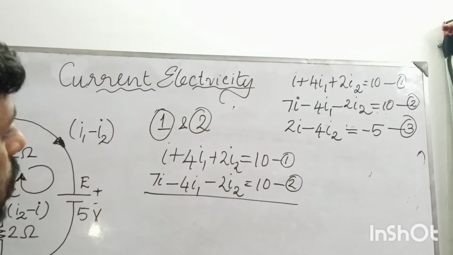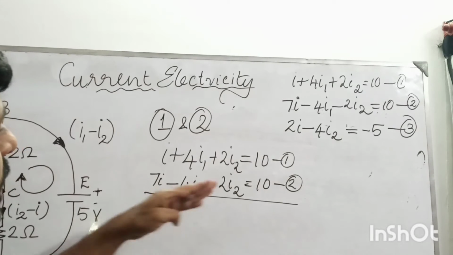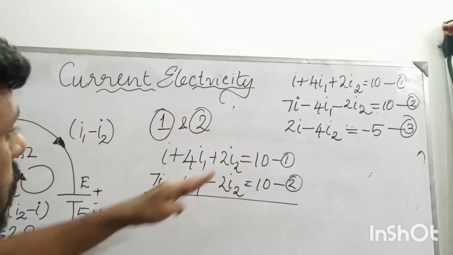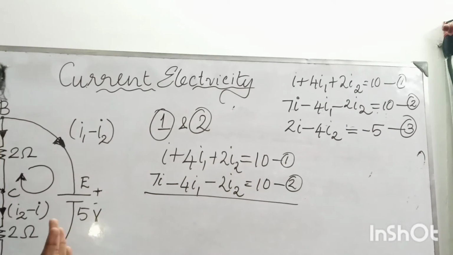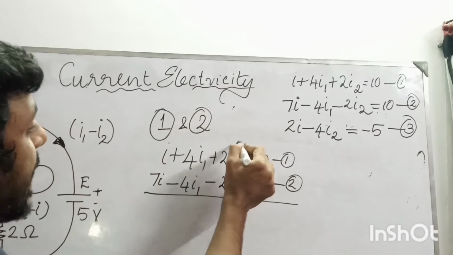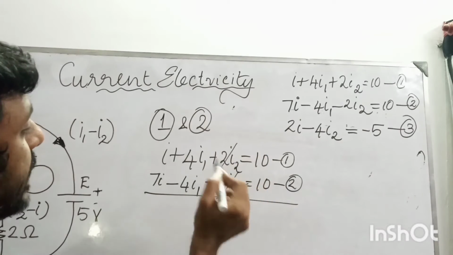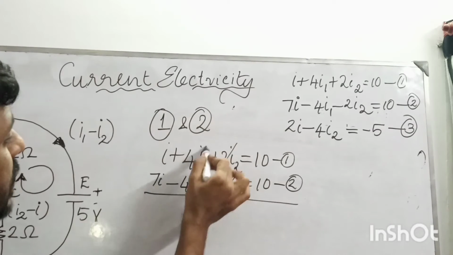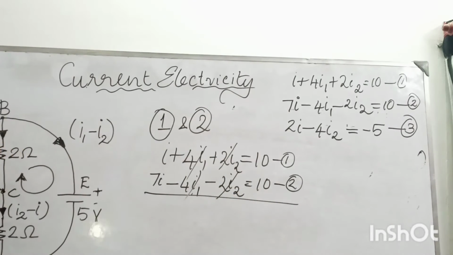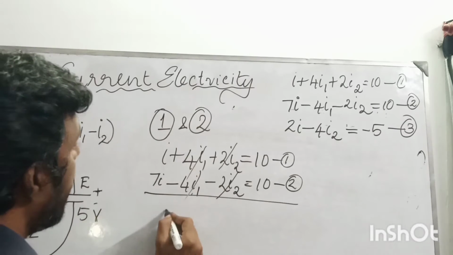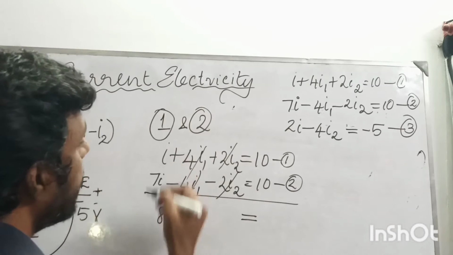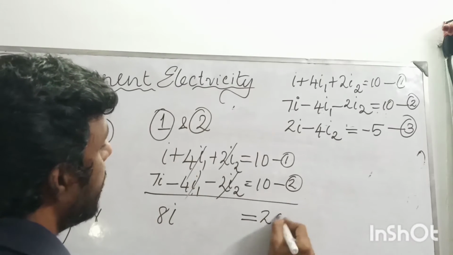So we need to see how to do this problem. 2I2 can be cancelled, the same values. Similarly 4I1 will get cancelled. So what will be the result? 8I is equal to 20.